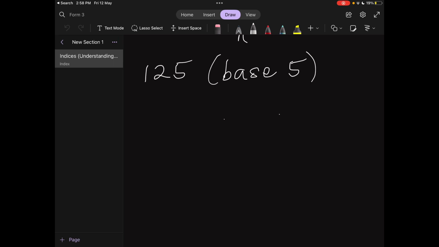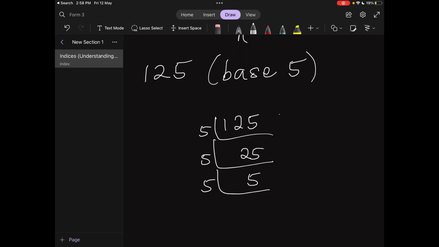So, 125 divided by 5. How much do we get? We get 25. Same thing, 25 divided by 5, we get 5. And then one more time, 5 divided by 5, we get 1. As you can see, how many times do we have 5 here? 3 times.